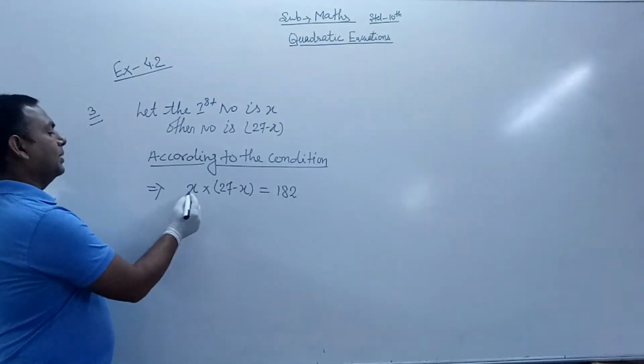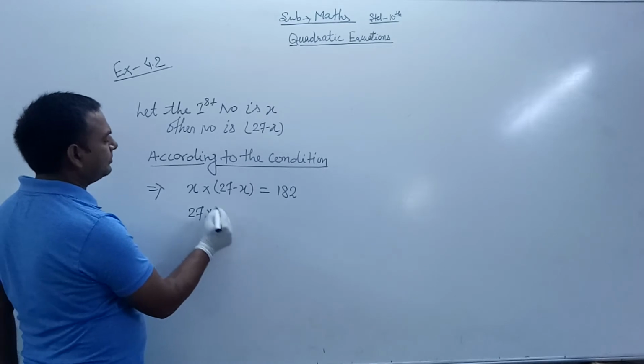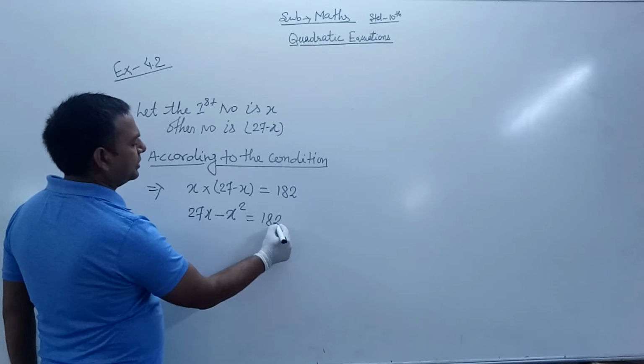So you multiply x with 27, this is 27x minus x square, that is equal to 182.